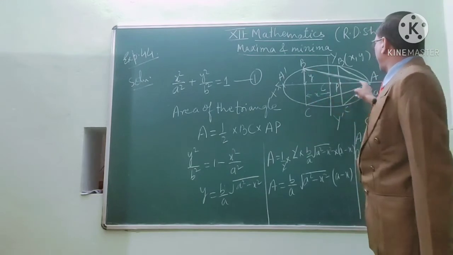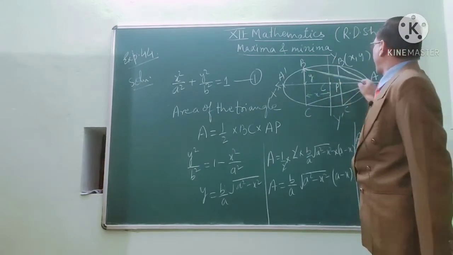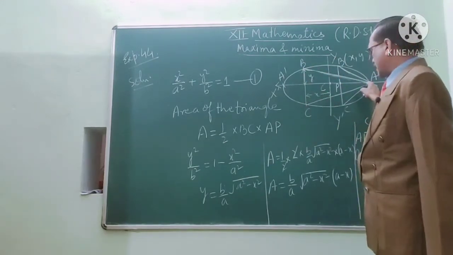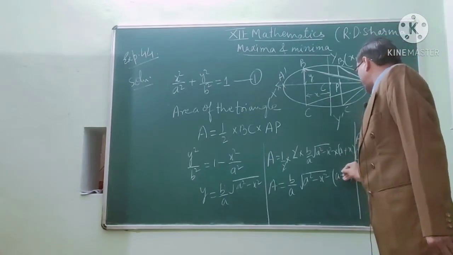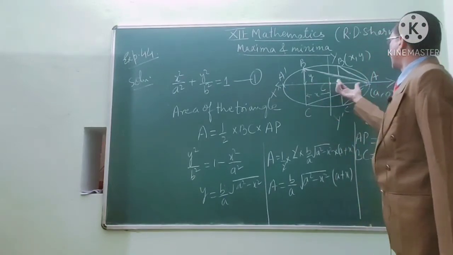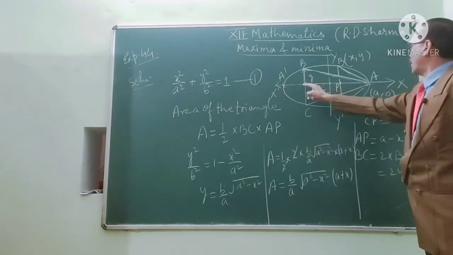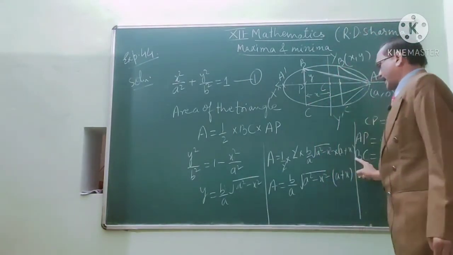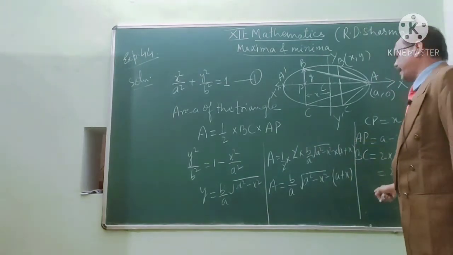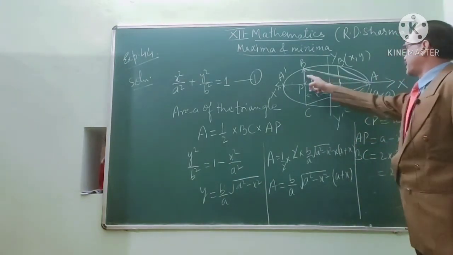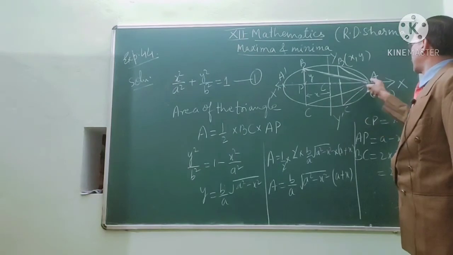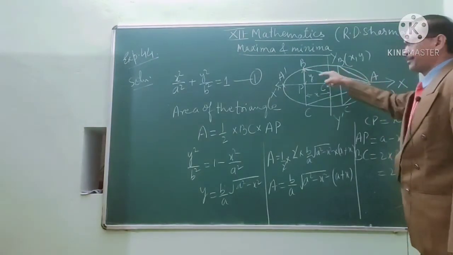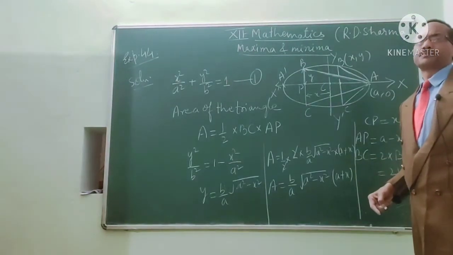And when we take the triangle here like ABC, then there is a plus x, because this part is x and this whole is a. So this BP becomes a plus x. In both conditions the result will be correct, so we can consider both.